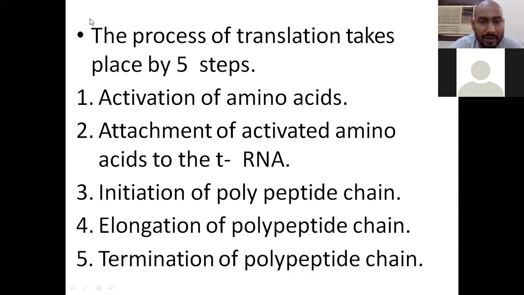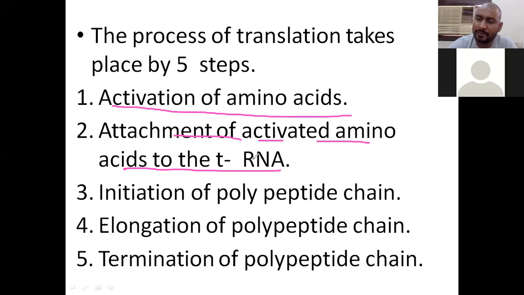Now, the process of translation takes place in 5 steps. Basically 3 steps: initiation, elongation, termination. But 2 more steps have been given before the initiation. Look here. First is the activation of amino acid. This is not initiation. Second is the attachment of activated amino acid to the tRNA molecule. So these are 2 more steps, because I told the 3 important steps are initiation, elongation, termination.